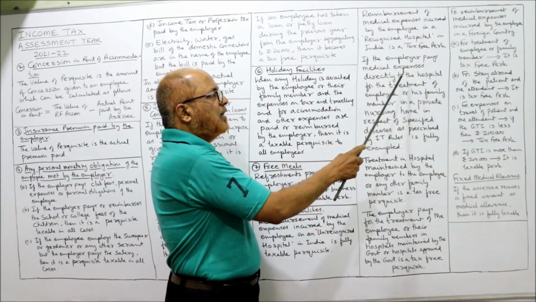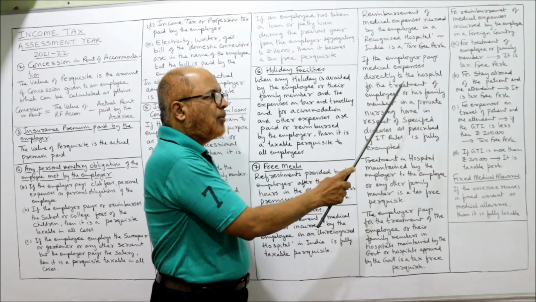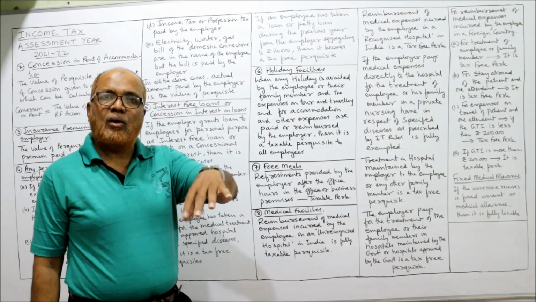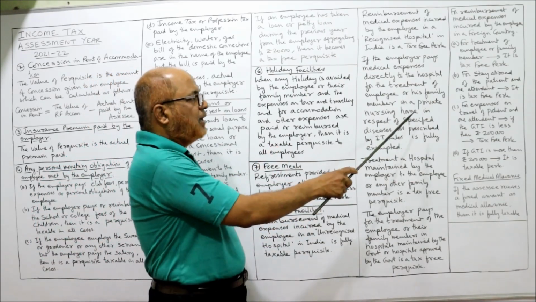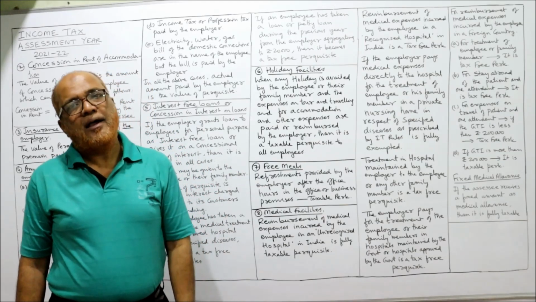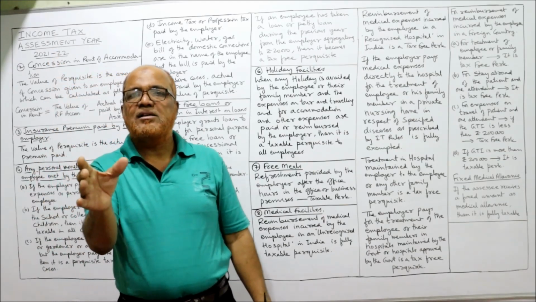What is the case? If the employer pays medical expense directly to the hospital for the treatment of the employee or his family member in a private nursing home in respect of specified diseases, again the Income Tax Act has given the specified diseases.